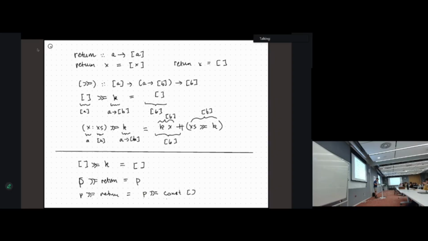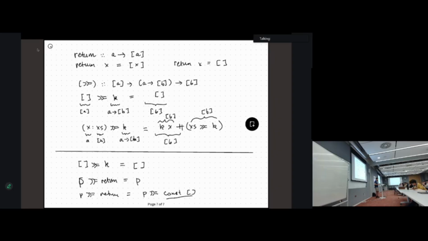Okay, so whatever is coming out of this bind, we're going to hit it with k. k is const unit, so we're always going to destroy all of the results. I think that's probably the way I'd like to put it. Yeah, exactly. So we're going to just smash out everything. So this is not going to hold. It's not going to be p that we get back as the answer.